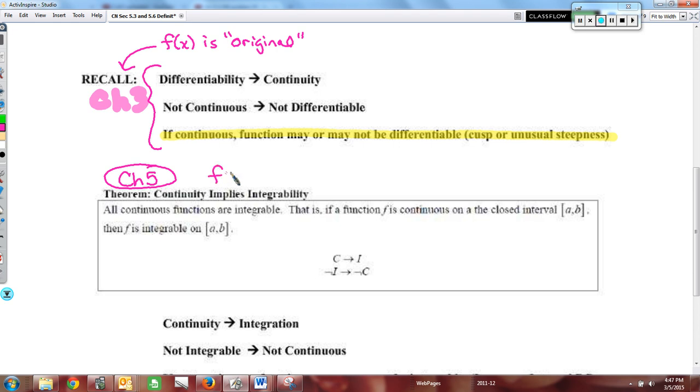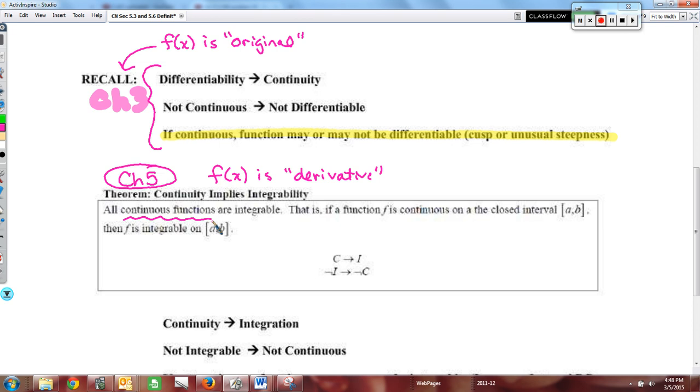But in Chapter 5, when I'm talking about this function, f of x is your derivative. And so when we're talking about integrating it, we're basically saying we're working backwards from the derivative. Can we work backwards from this derivative? Now, what we know is that if we have a continuous derivative, then we must have a function that was also continuous as an antiderivative.